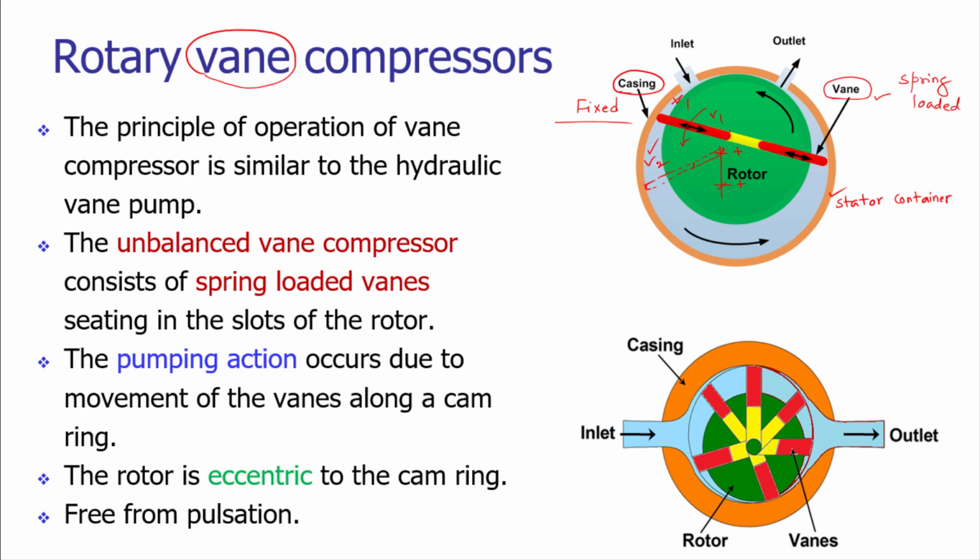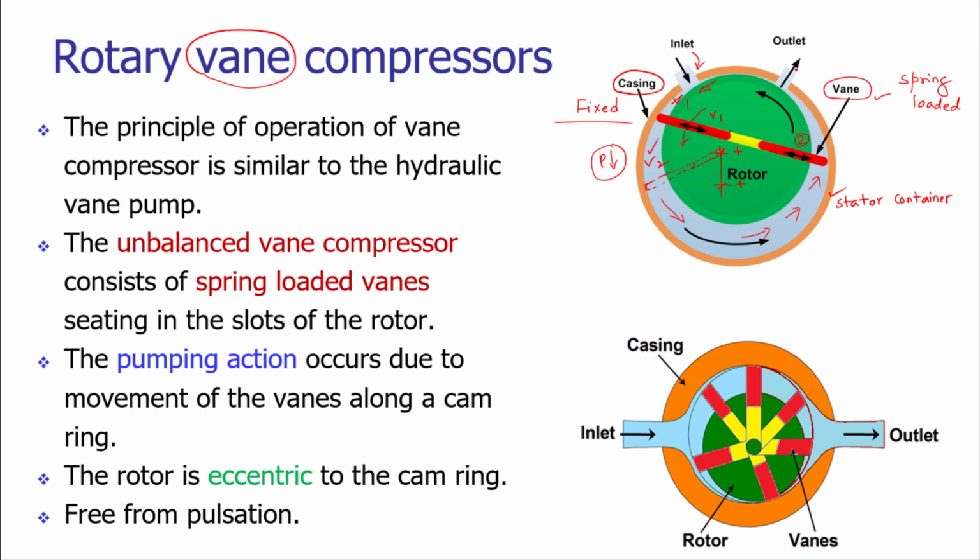As there is increase in volume from V1 to V2, the pressure is reducing. The pressure will be reduced and the ambient air will be sucked inside the cavity. During the further rotation of the rotor, the vane number 2 will push that sucked in air and it will take that air to the outlet wall.